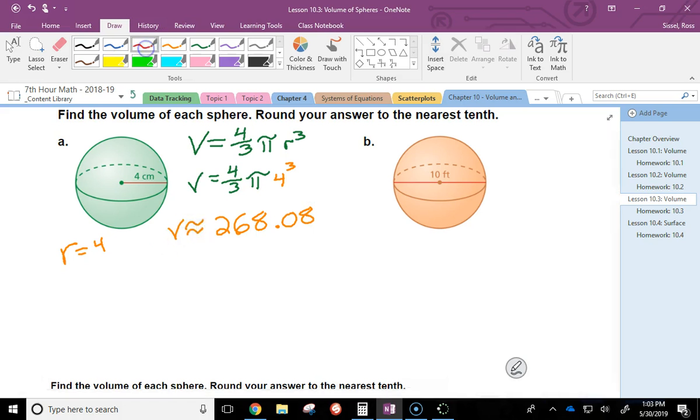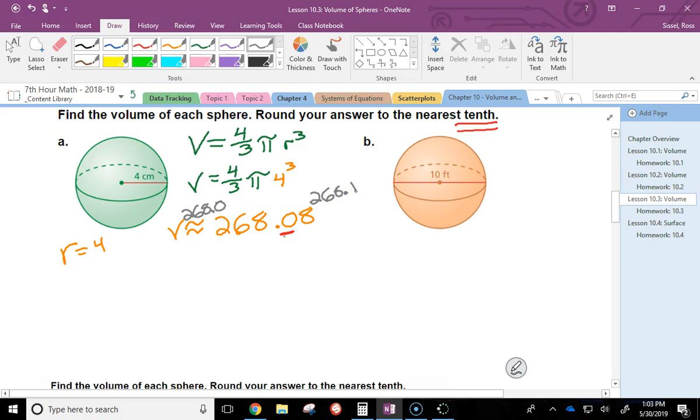And it told me to round to the nearest 10th. This is my 10th. It's right after the decimal. So my answer is either 268.0. Your first option is it rounded down, it stayed the exact same answer. Or you rounded up one, 268.1.